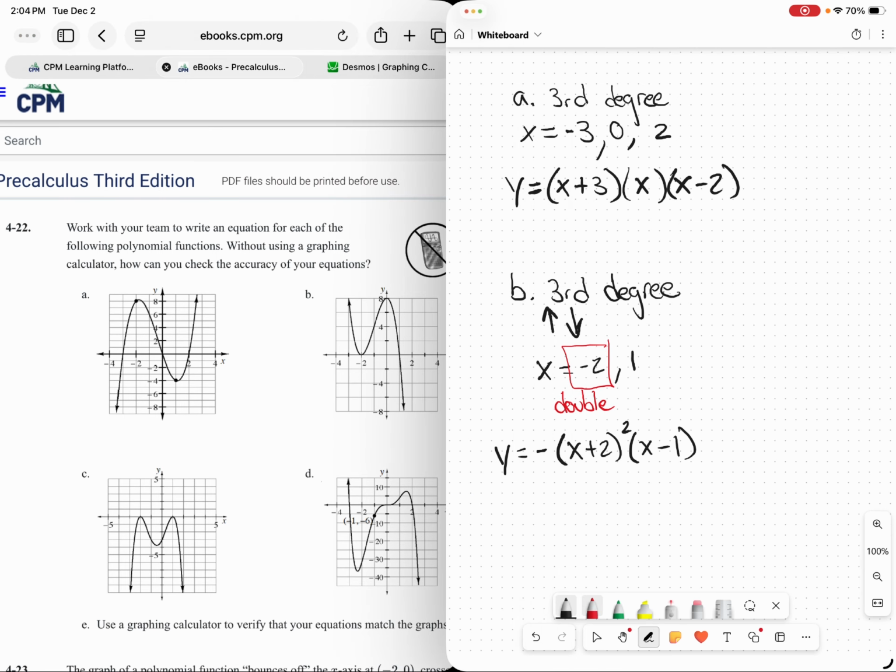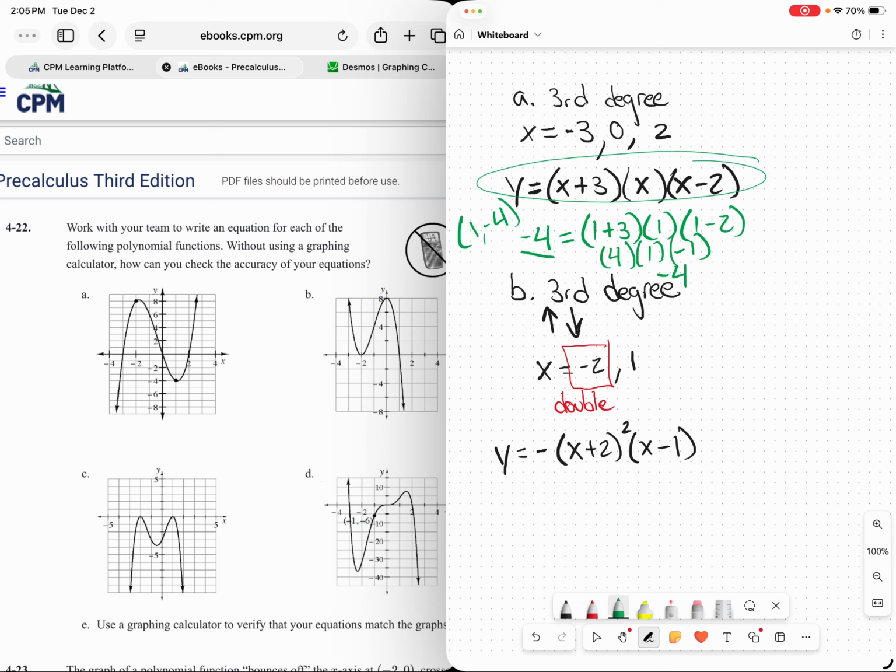So let's go back to 1, and let's test the point 1, -4. Okay, so y is -4, x is 1. We're going to see if that works and actually gets us that point. So 4 times 1 times -1, we actually get -4, which is what we were trying to get. So this equation works. This is great.